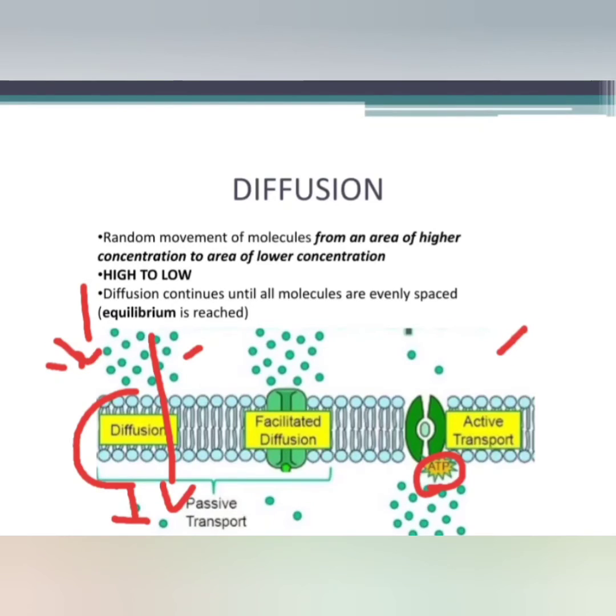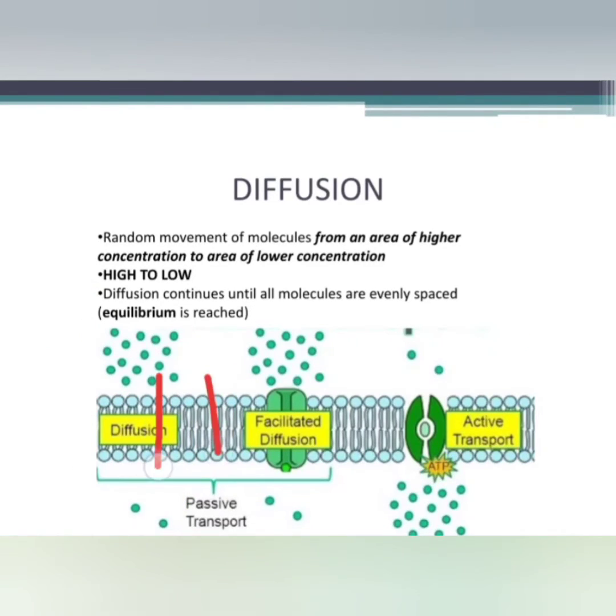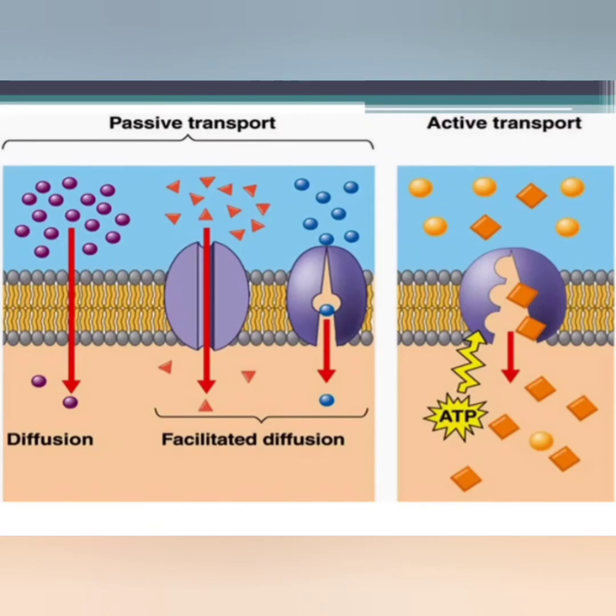In diffusion, no specific gate or pump is required as in the next type of passive transport that we are going to discuss. The molecules will move from outside to the inside until there is equilibrium, or we can say the molecules are in equal proportion.